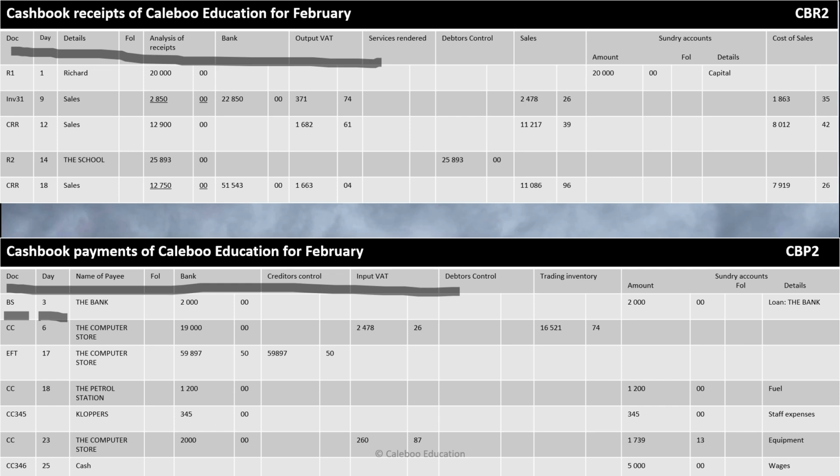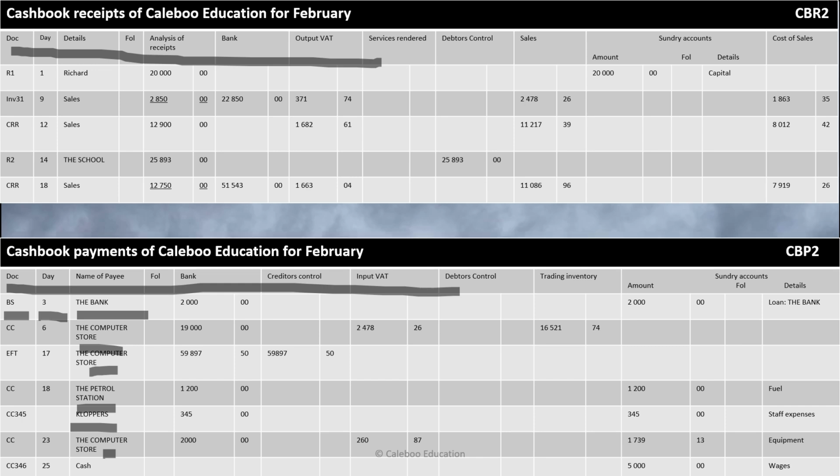Now we have name of payee. The person or place whom we are paying will appear under the name of payee, like the petrol station, the computer store, Kloppers, we're paying them. Then there's a column here for folio, in case the payee has a folio.